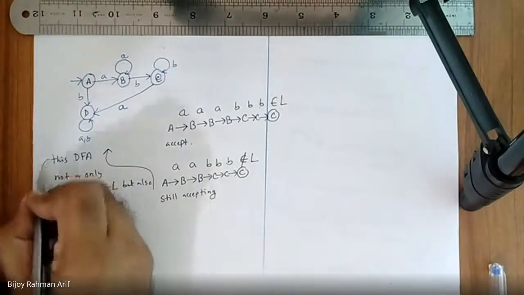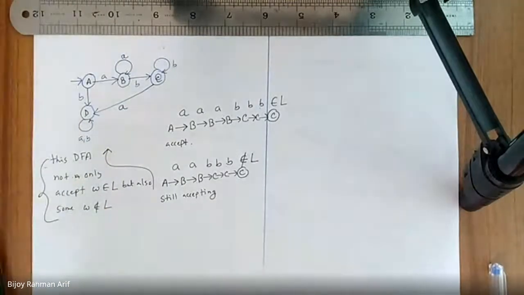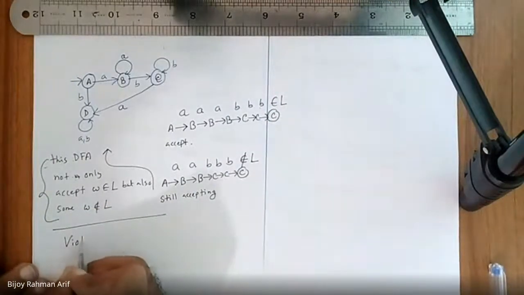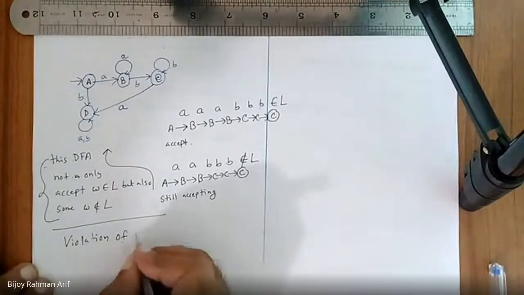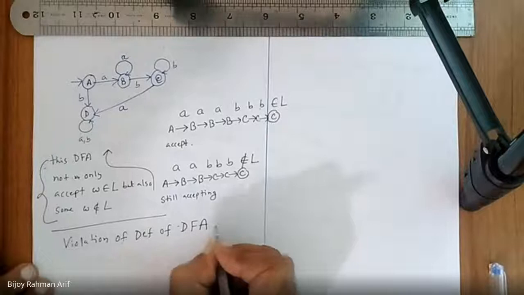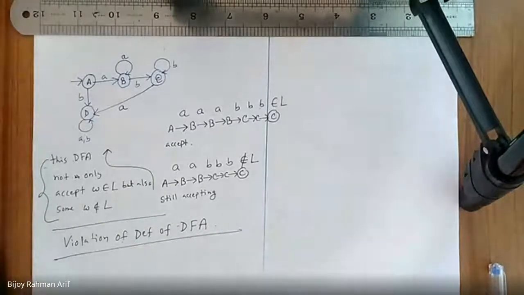Do you agree with me? Am I right? Yes, sir. It is a violation of the definition of DFA, because we know that a DFA should only accept those strings which belong to the language.